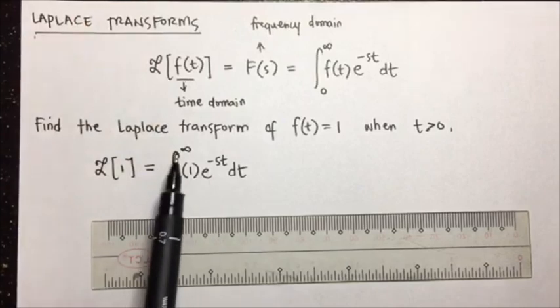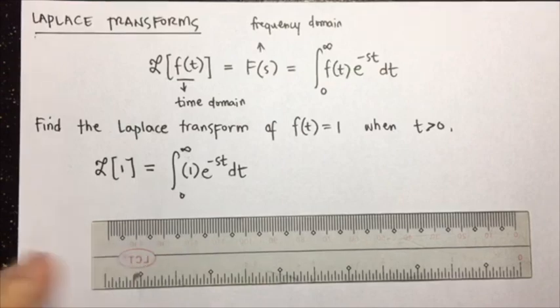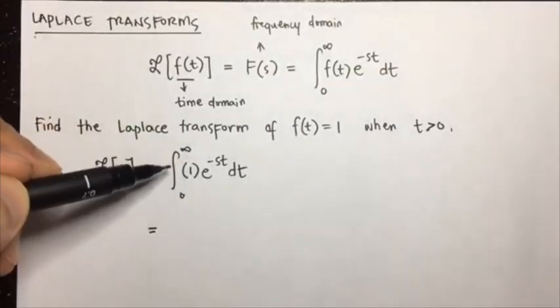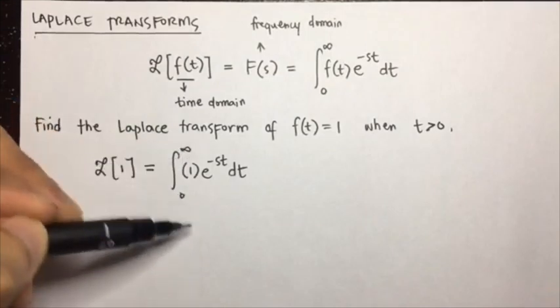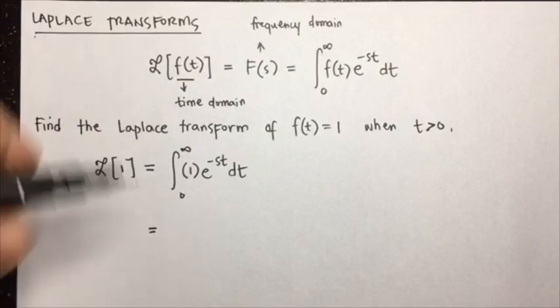You can see here we have an infinite limit, so this is an improper integral, and to write improper integrals properly, we must replace infinity with another variable, let's say a, and write the notation of the limit.